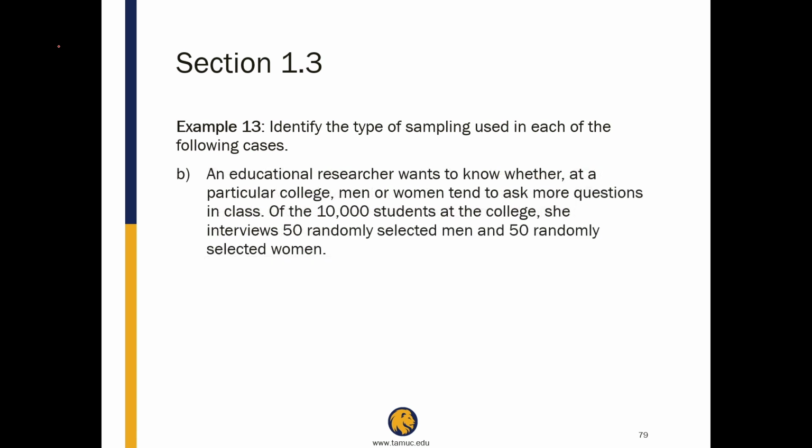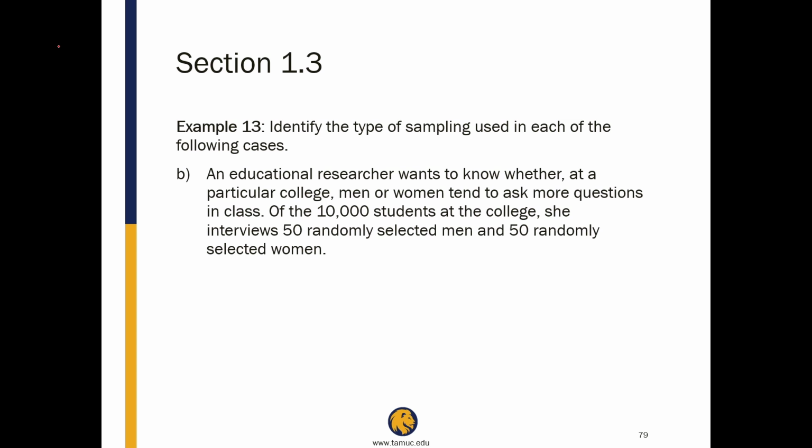The next one says an educational researcher wants to know whether at a particular college men or women tend to ask more questions in class. Of the 10,000 students at the college, she interviews 50 randomly selected men and 50 randomly selected women. What type of sampling would this be?